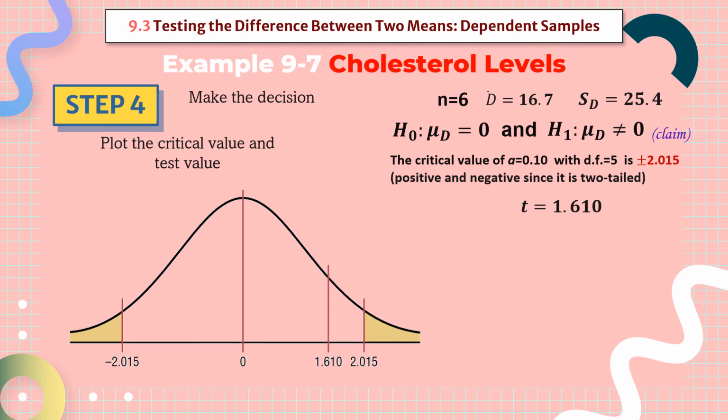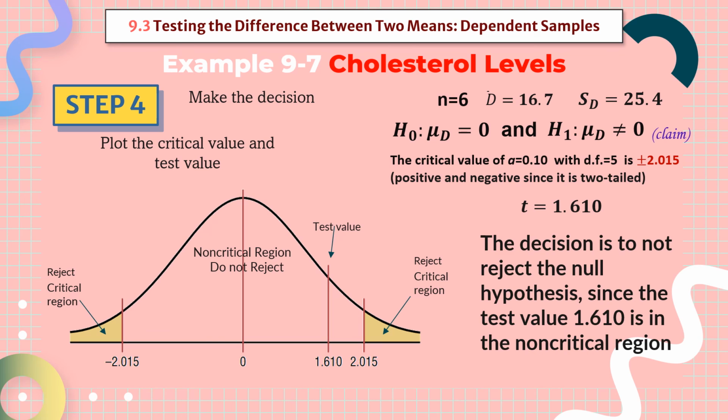This is our curve. The test value falls on the non-critical region, which is the do not reject region. And the decision is to not reject the null hypothesis, since the test value 1.610 is in the non-critical region.